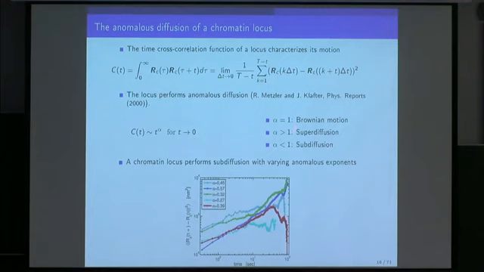For alpha equals 2, it's a superdiffusion. And for alpha smaller than 1, that's a subdiffusive process. We always see a subdiffusive process, but the value of the exponent is not constant. There's a certain distribution of values that we wanted to understand.